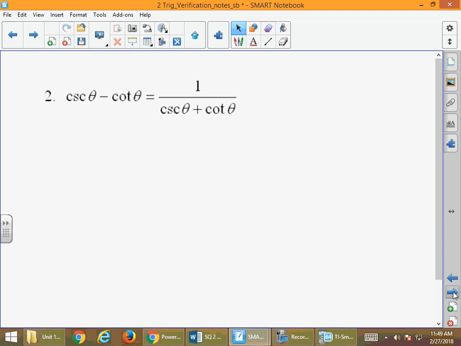If we take a look at problem number 2, I want to go back to our yellow paper and look at one particular idea on the tips for starting the trig verifications.